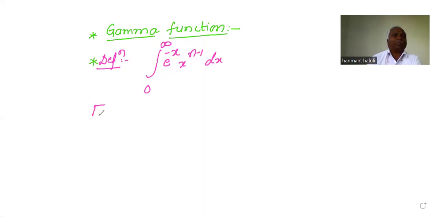Gamma is the symbol, gamma n. The number n is obtained from the power of x: the power of x is increased by 1 and you get the gamma function.